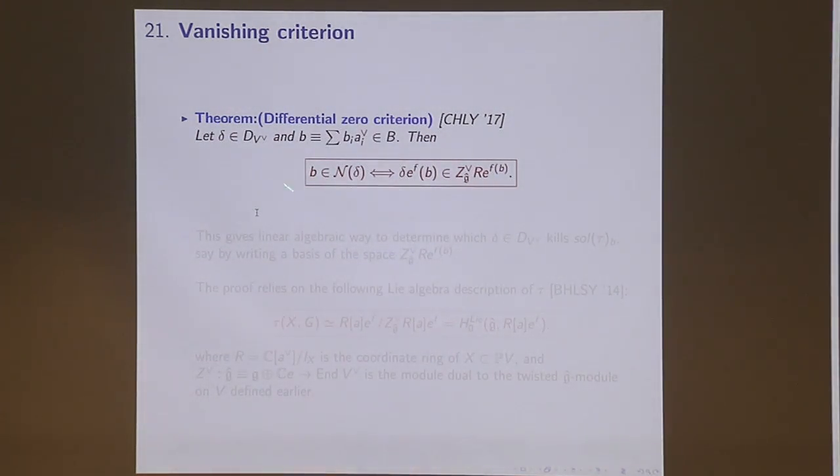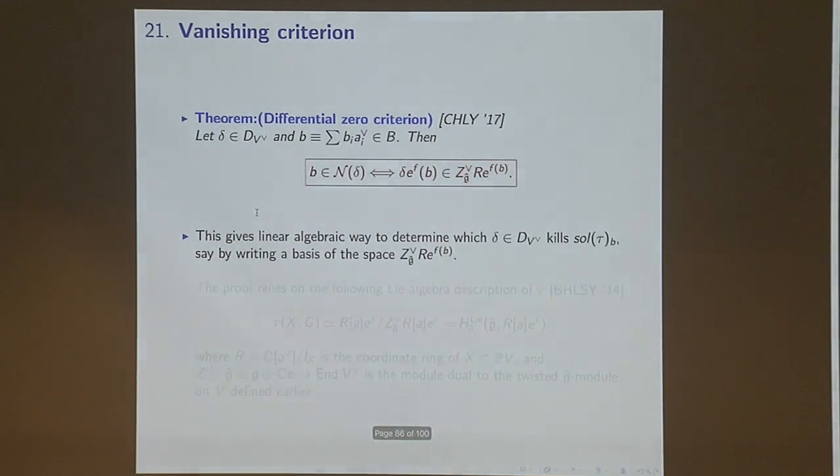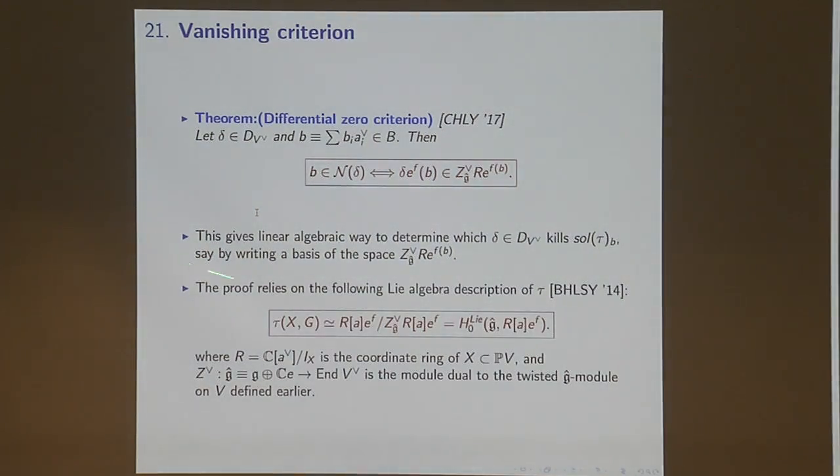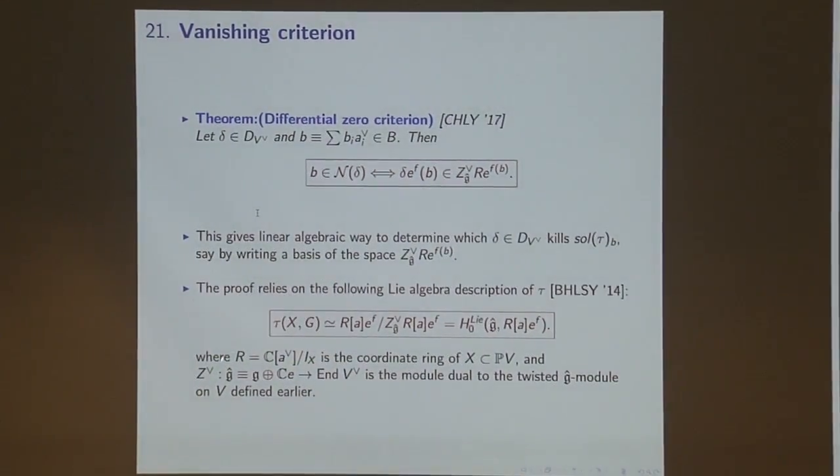And what is this vector space? Let me go down to one more bullet point. The vector space is defined as follows. R here is the projective coordinate ring of the manifold X. Remember X comes with a very ample anti-canonical bundle, so you can embed it inside of P V check, and this is the coordinate ring.